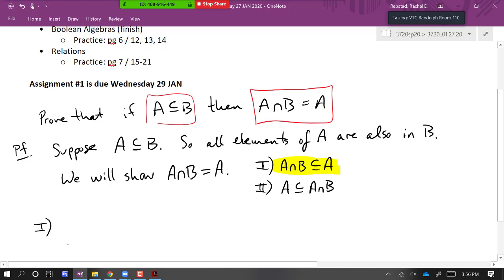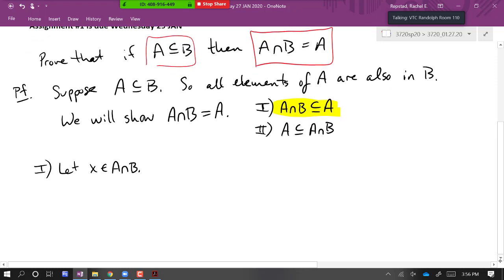In order to show containment, we grab an element on one side. So let's let X be an element of A intersect B. This part of the proof is going to be really fast. What does it mean to be in the intersection? That X is an element of A and an element of B. Right, you have to be in both? Okay.